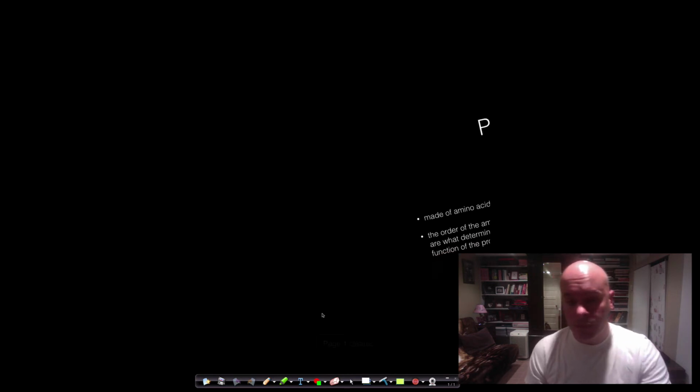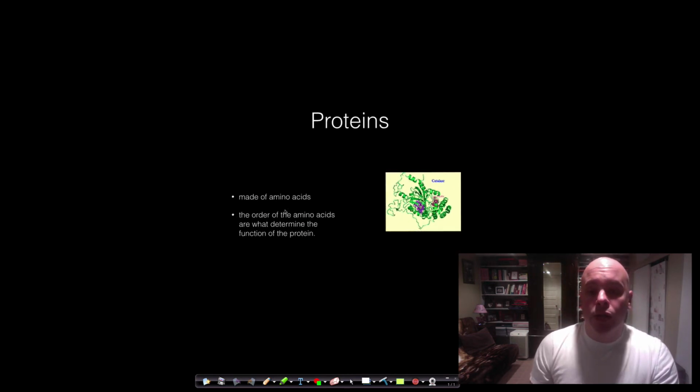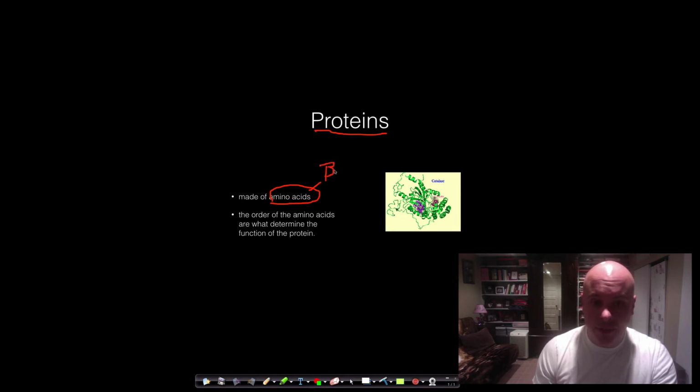Before we can talk about enzymes, we need to know that they are made up of proteins, and proteins are made up of amino acids. Amino acids are known as the building blocks of protein. You need to know that expression, building blocks of protein.